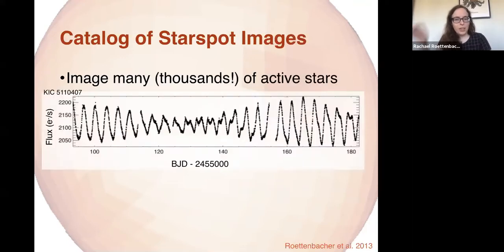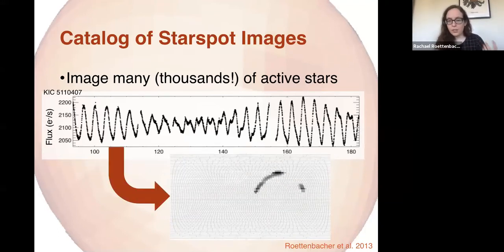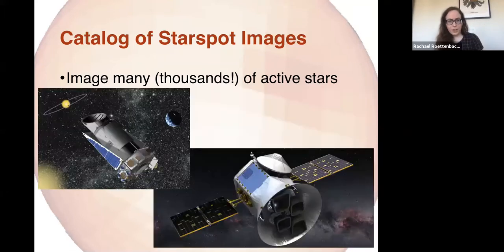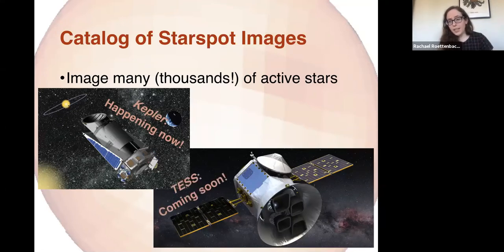So I'm looking at the many thousands of active stars in the Kepler archive. There are about 43,000 active stars that have 4-year-long light curves. So I'm taking this and chopping it up and making all these surfaces. And here's just Kepler, which I'm working on now, getting all these images and soon tests.